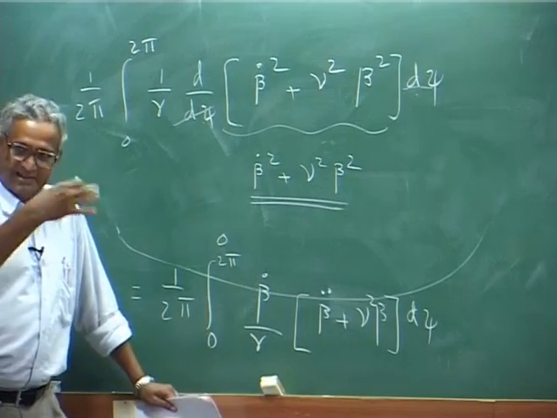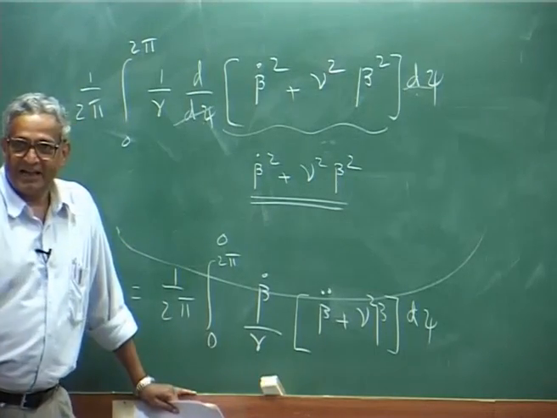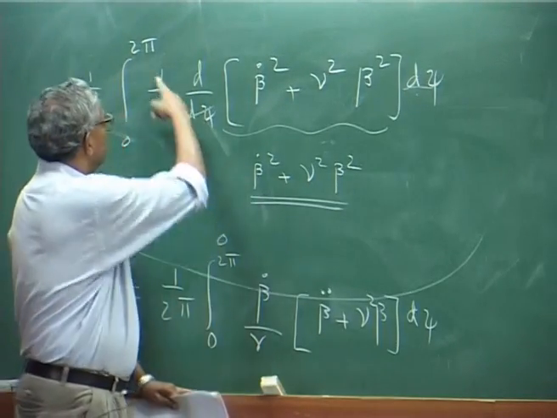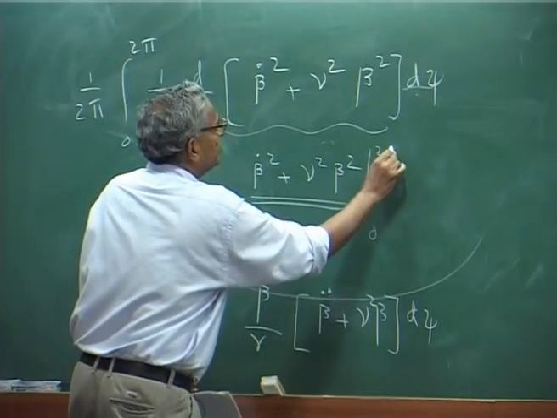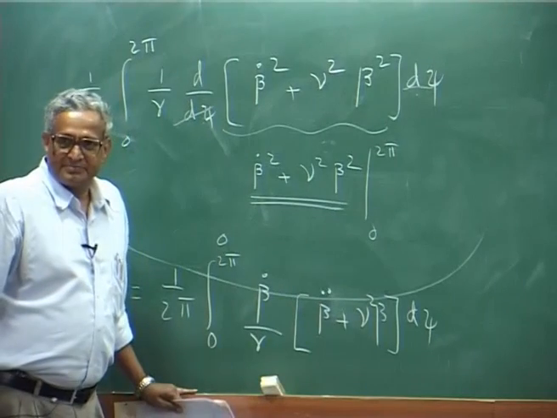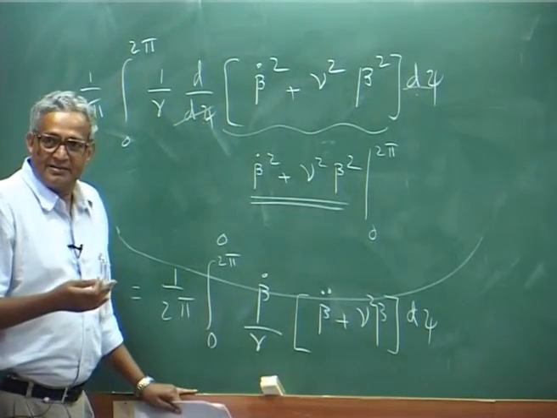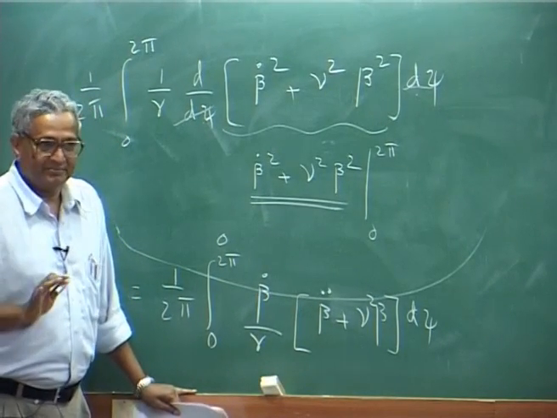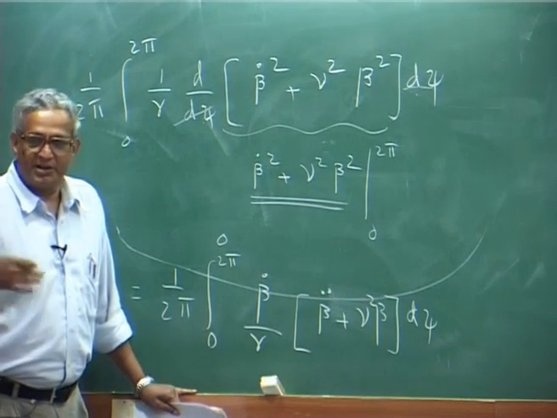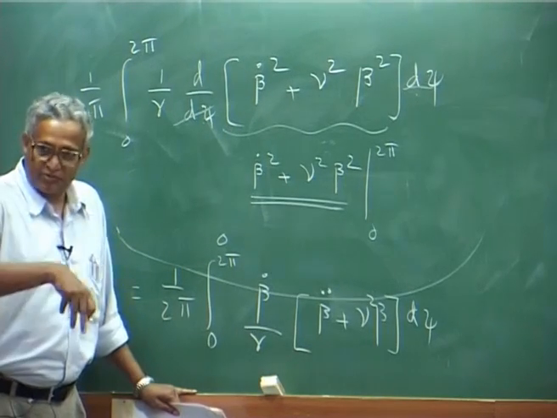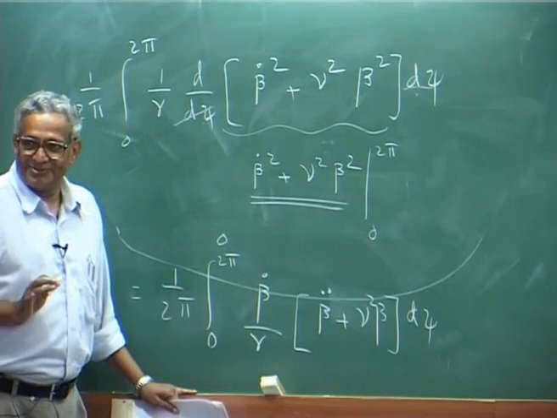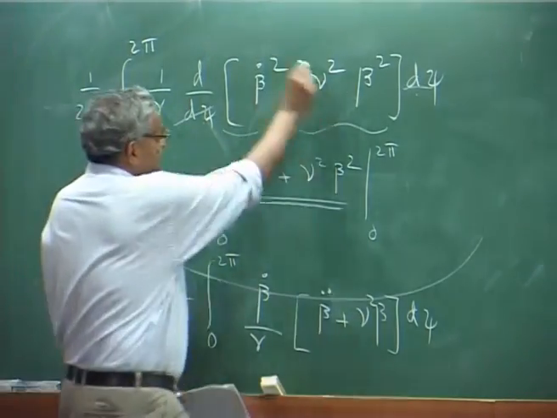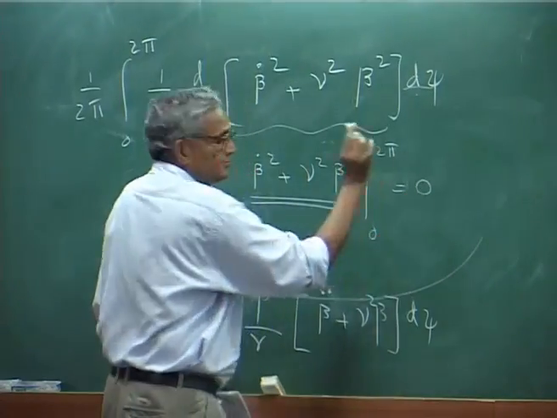Later you will know what it is. 0 to 2 pi, and it is periodic motion. When it is periodic motion, you start and come back to the same point. Therefore, this entire thing will be 0.